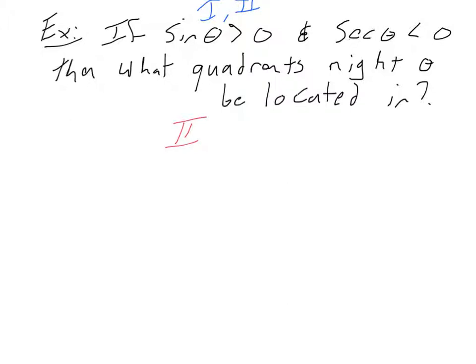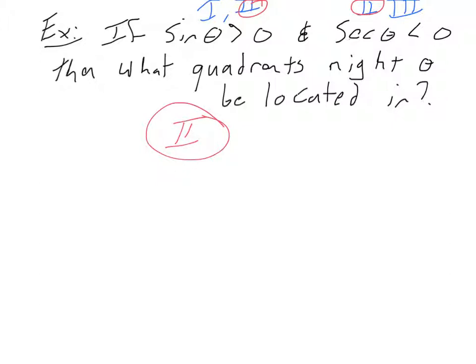And we know that secant is negative because secant is the reciprocal of cosine, and cosine is negative in the second and third quadrants. All right, and so where both sine is positive and secant is negative has to be the second quadrant, right? Which is where we come up with this solution right here.